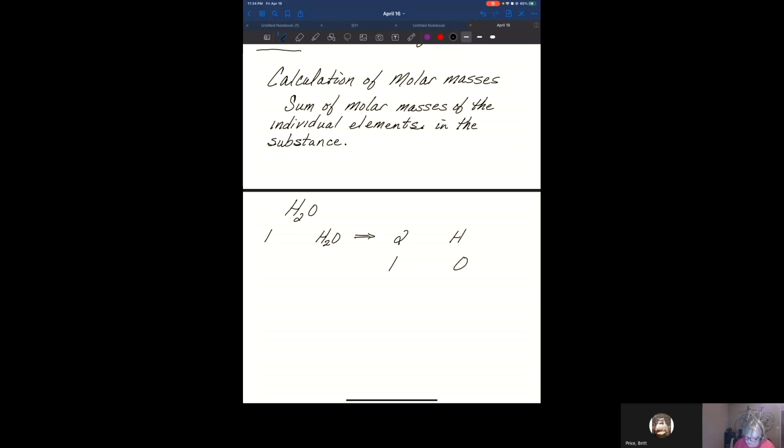If I had 1 dozen water, how many hydrogens would there be? There'd be 2 dozen. There'd be 1 dozen oxygens. So if I have 1 mole of water, there's going to be 2 moles of hydrogen and 1 mole of oxygen.